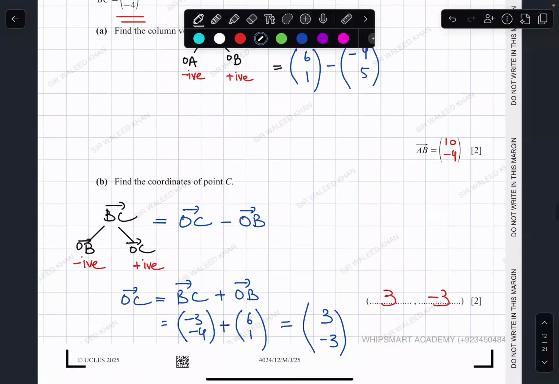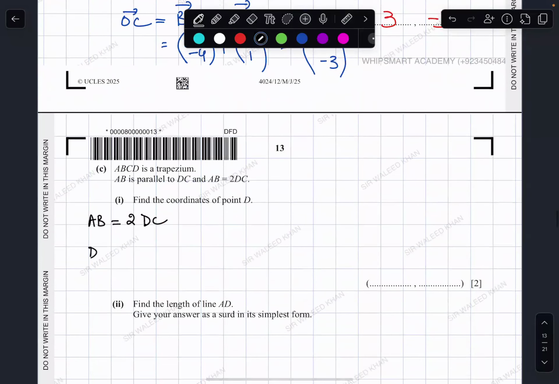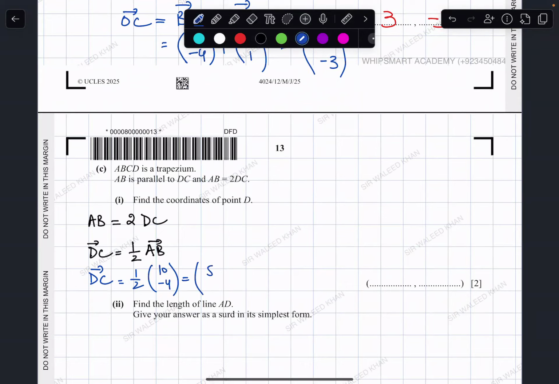AB was 10 and -4. So I can figure out DC from here. Half of AB. Okay. So DC will be half of 10 and -4. That makes it 5 and -2. So we have DC as 5 and -2.